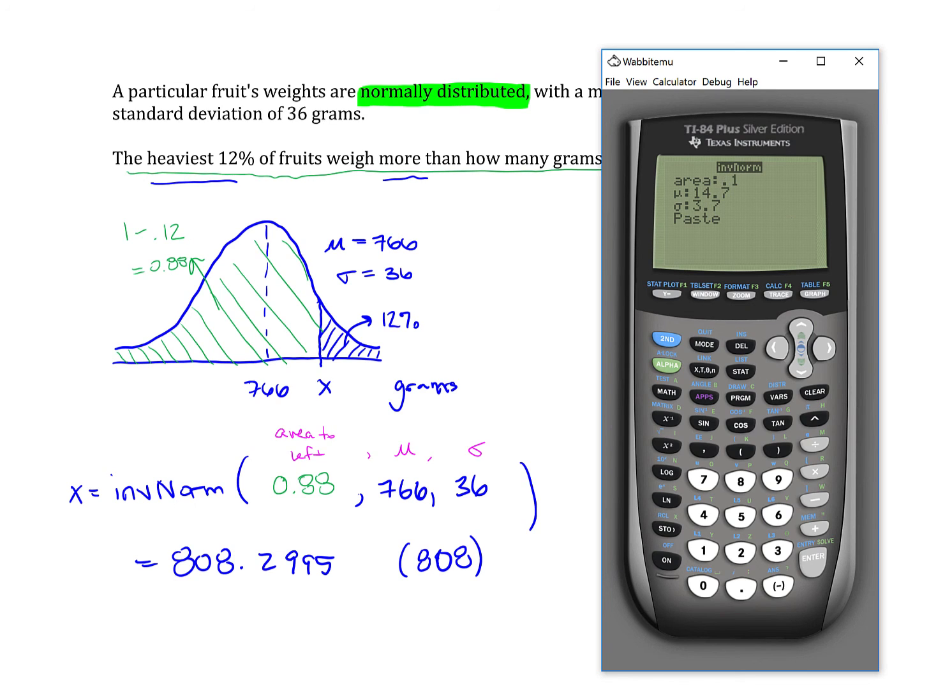So you just type those in at this point. So it does still have to be an area to the left, and give the mean and then the standard deviation. There's no commas here because when you hit paste, it's going to take those numbers, put commas between them, and then feed them into inverse norm in the correct order and give you the same answer in the end. So whether you see those menus or you don't, it doesn't make a whole lot of difference.